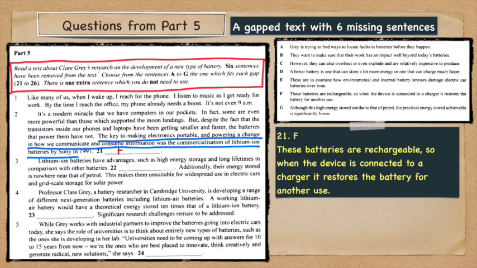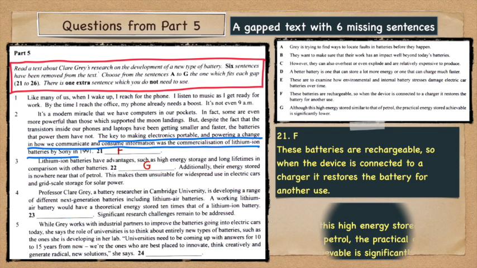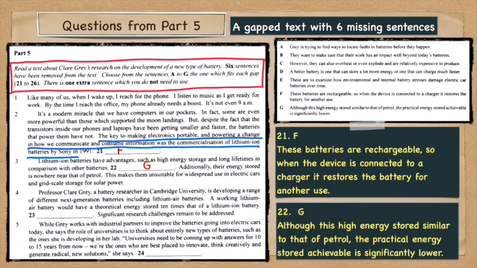From the 7 options given, which one do you think talks about the advantage or maybe the disadvantage of lithium-ion batteries? Okay, so we can see that option G, right, talks about the contrast: although the high energy stored is similar to that of petrol, the practical energy stored achievable is significantly lower.